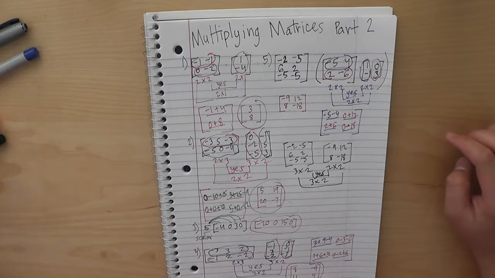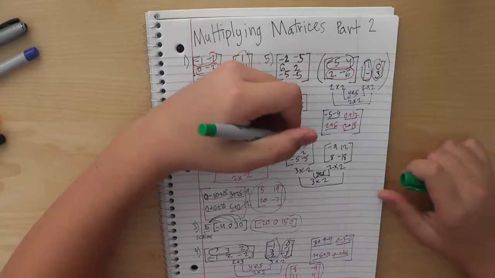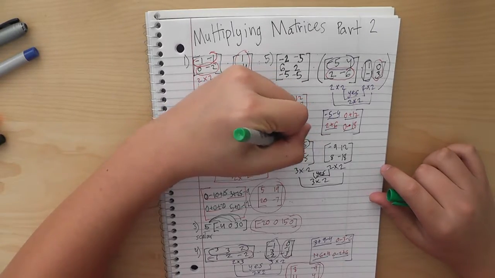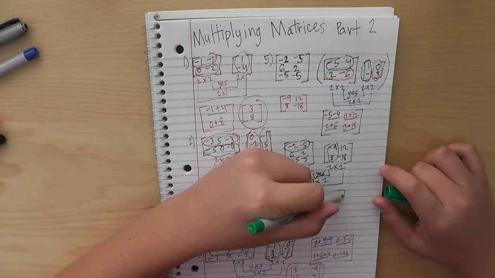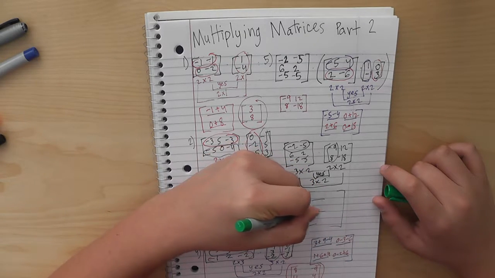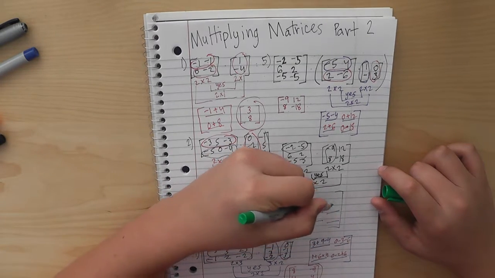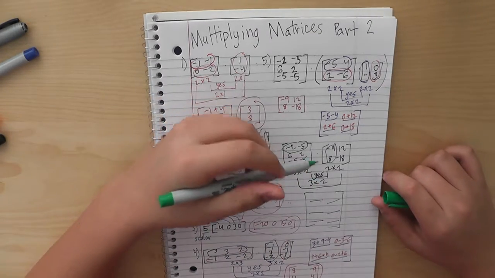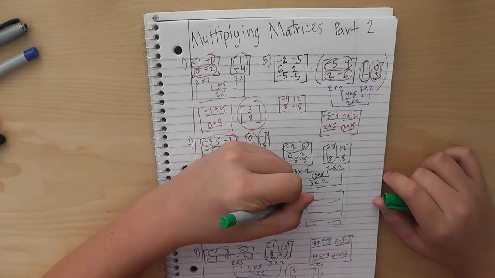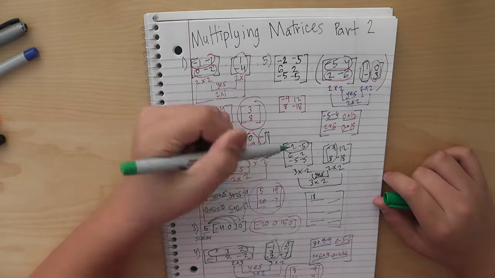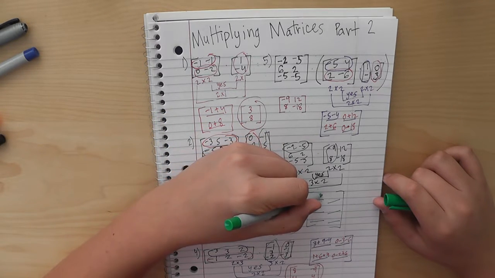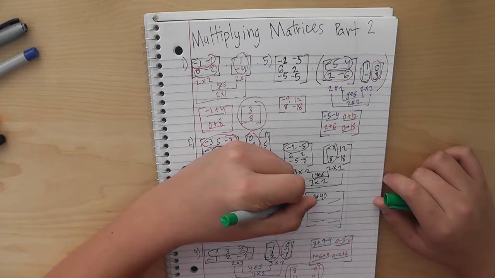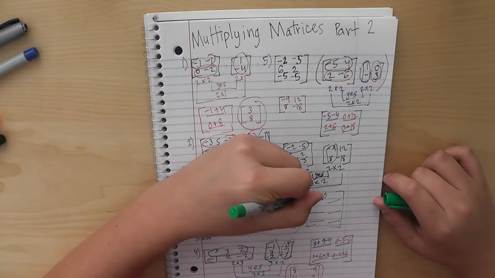Alright, so first row by the first column, -2 times -9 is 18, plus -5 times 8, which is 40, oh actually, -40.